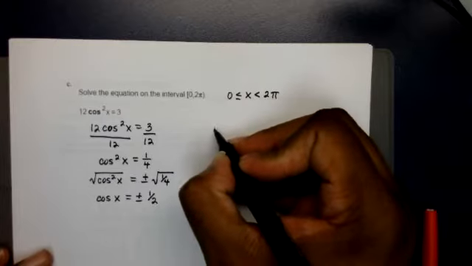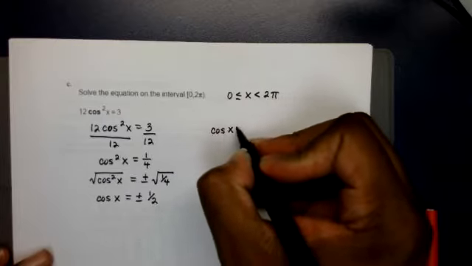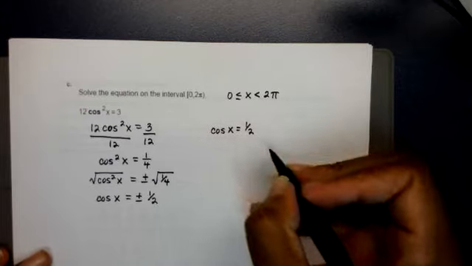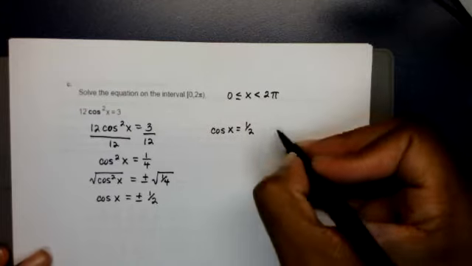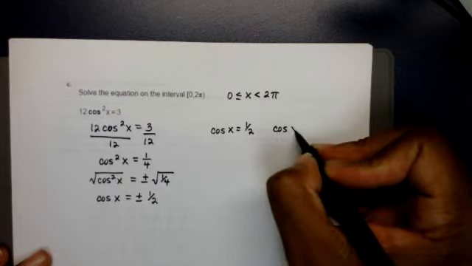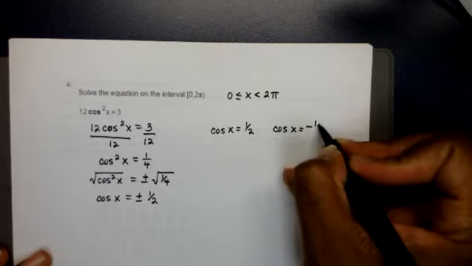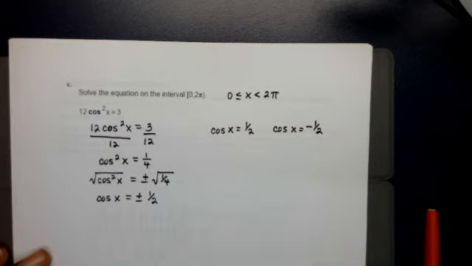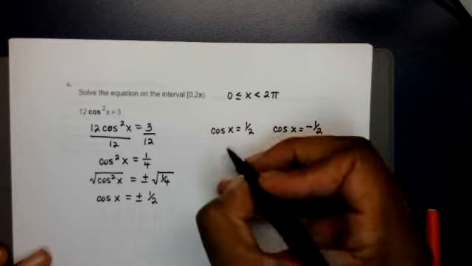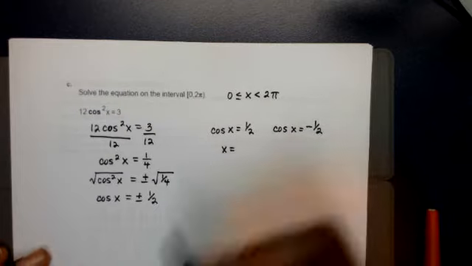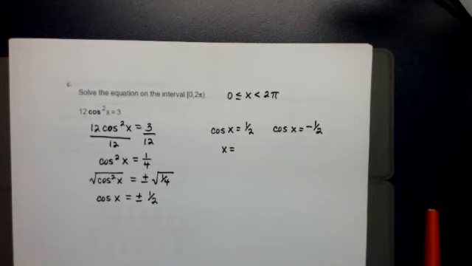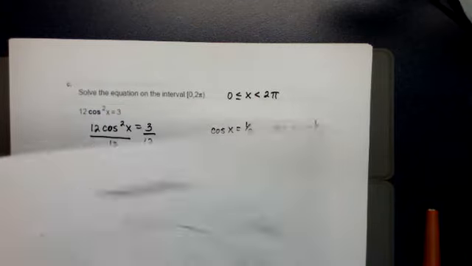What that means here is this. I need to know where cosine of x will be equal to 1/2. And I also need to know where cosine of x will be equal to negative 1/2. Let's start with cosine of x is equal to 1/2, using that unit table.